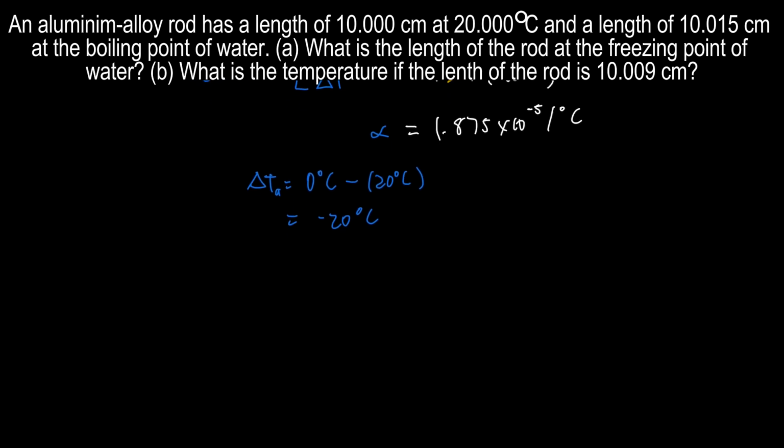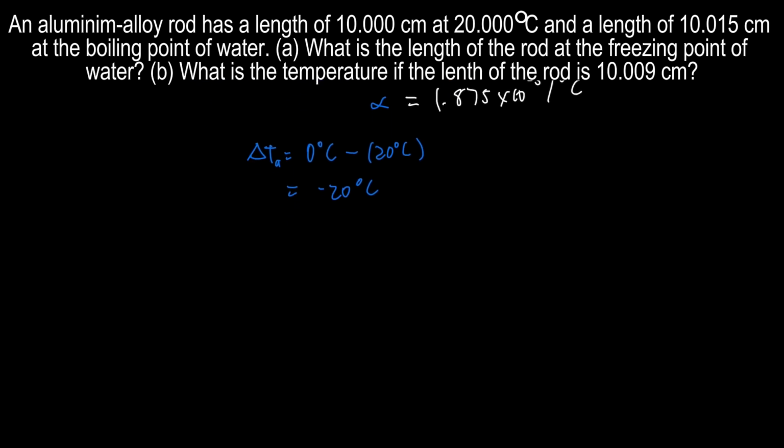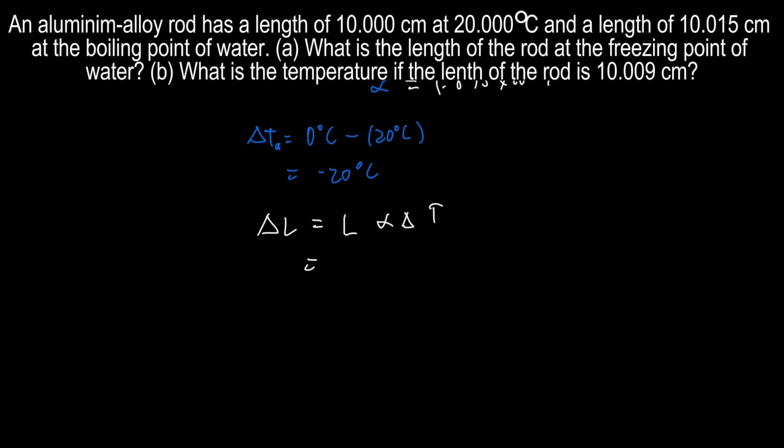Then we're going to compute for the change in L. Change in L is equal to L alpha change in T. Then we're going to plug the given. L is 10 centimeters. Alpha is 1.875 times 10 raised to negative 5 per degree Celsius times the change in T, which is negative 20 degrees Celsius.